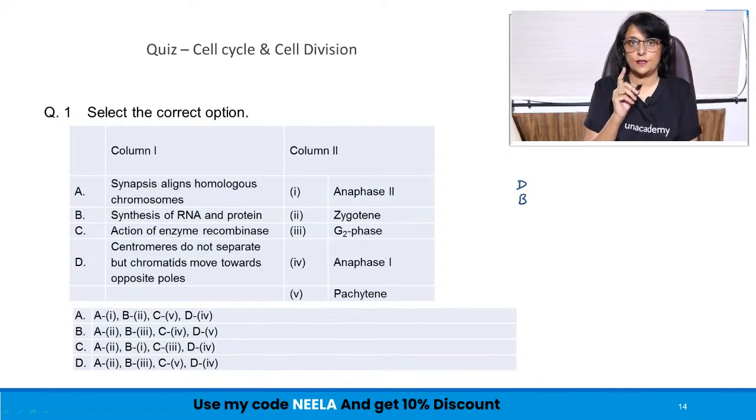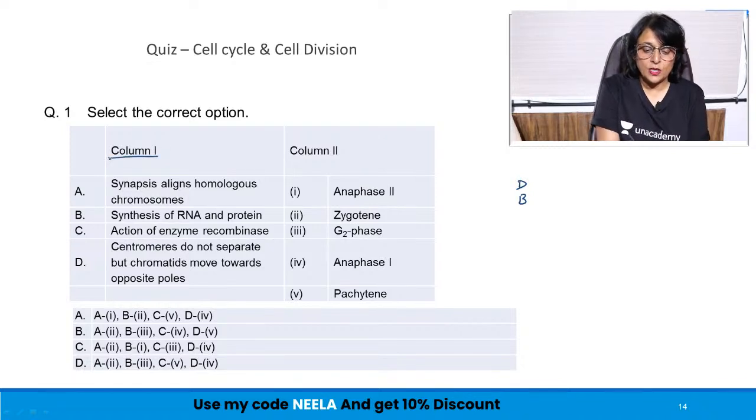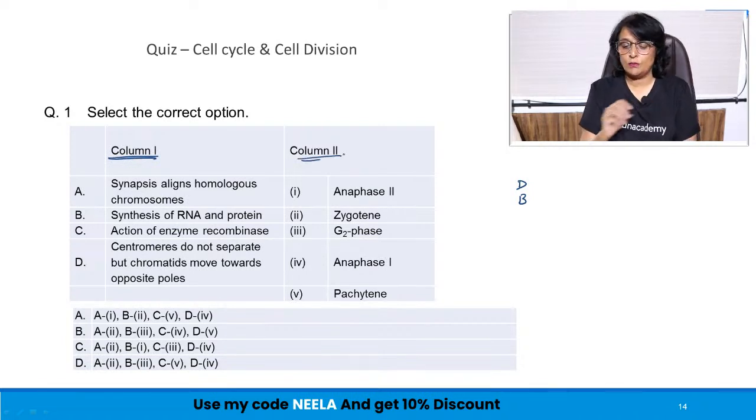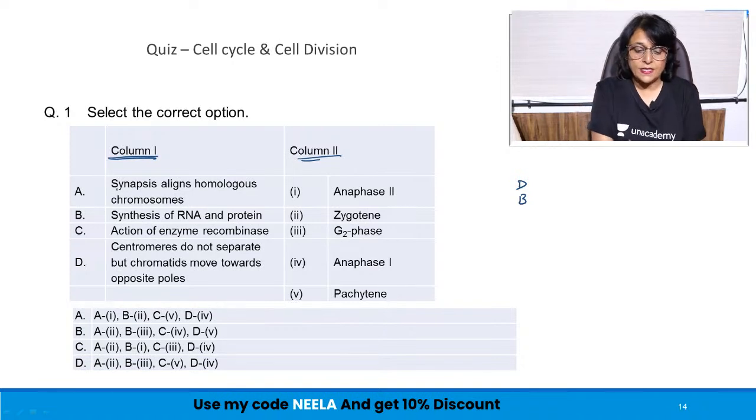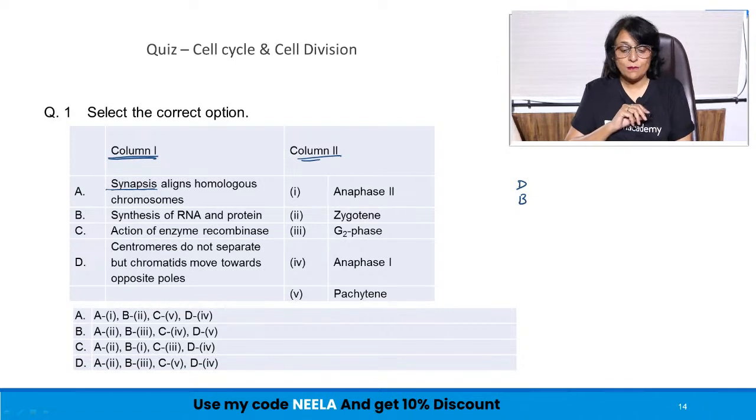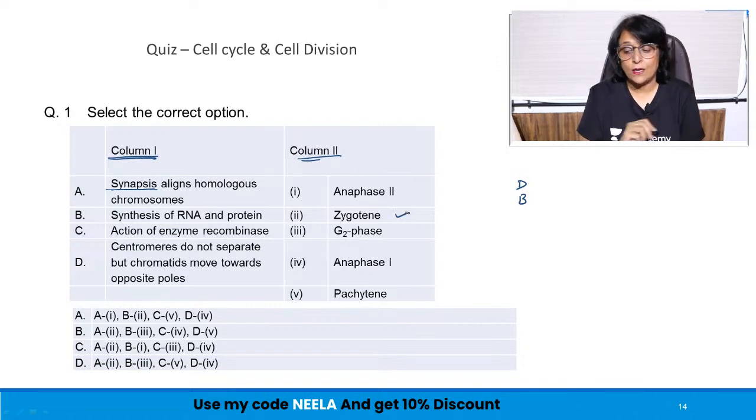Let us first assess our question. The question is we have to match things which are given in column 1 and column 2. In column 2 there are the stages given. The first is synapsis, that is alignment of homologous chromosomes. This takes place in zygotene because that is the meaning of the word zygo.